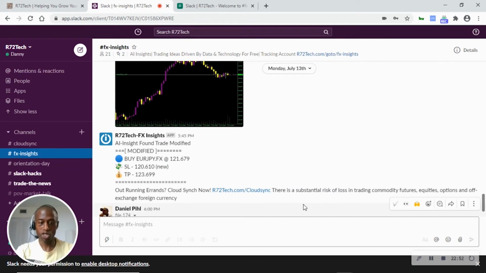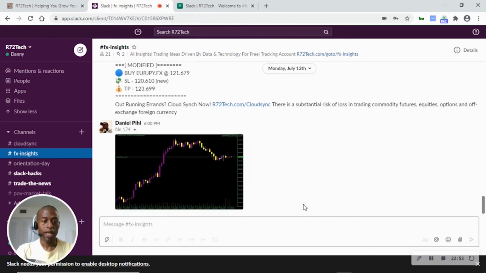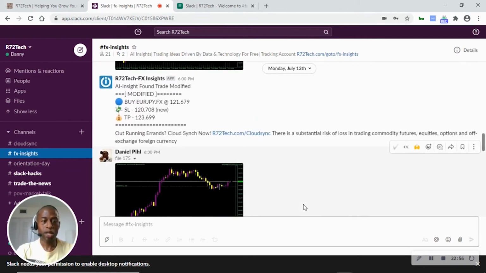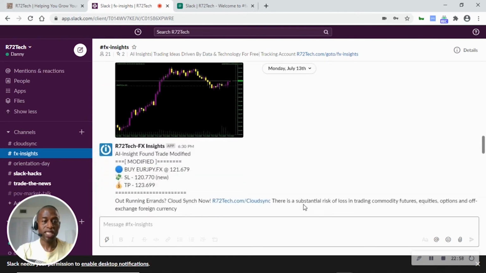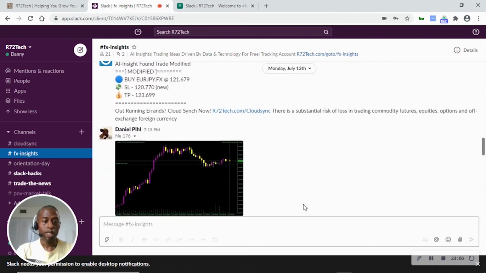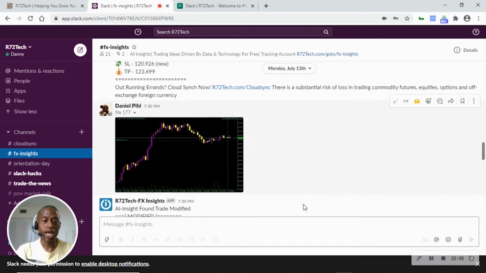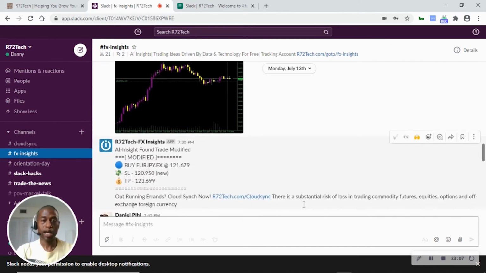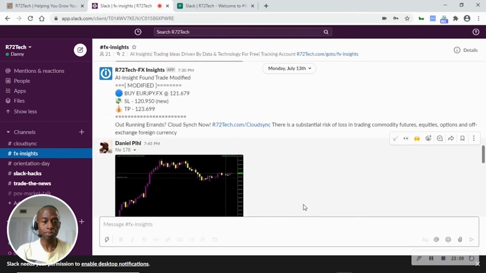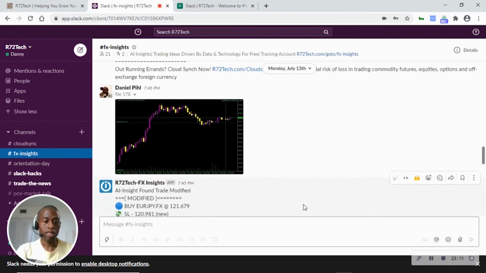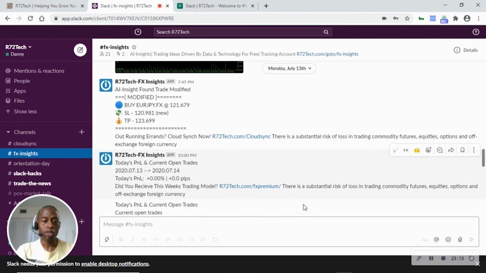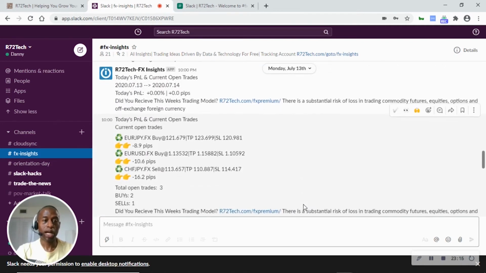Okay, let me see if I can speed this up here. And now we got another one for the euro yen at 6:30. 7:15, another AI Insight modified for euro yen. Keep an eye on that chart. Another one. This is 7:45.